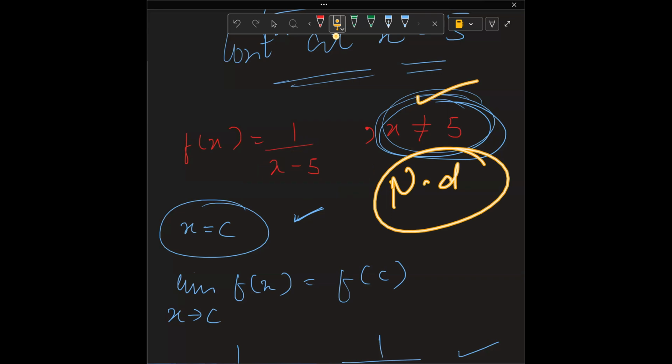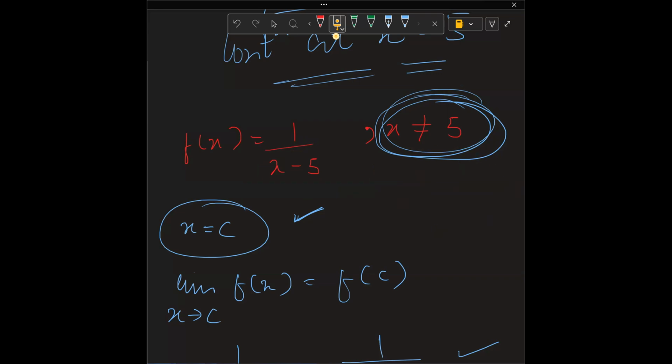Sir, we will take x equals to 4. You will not take it, you will take any number except x equals 5. Understood? Sir, you are taking 4, I can take 2 there.